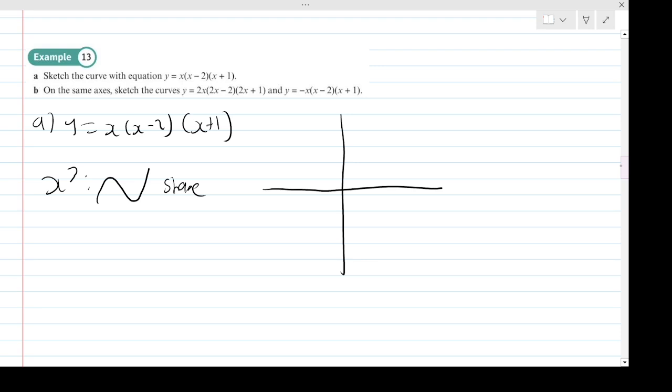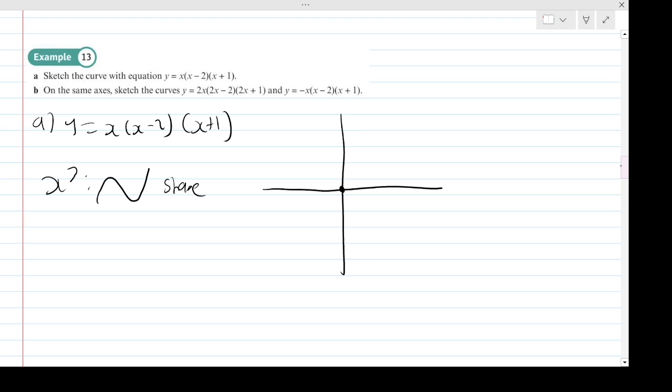Then we draw our axis over here. But then we need to find the key information, which is basically the y-intercept and the roots. Firstly, the y-intercept is when x is 0, but if x is 0 into here, I get 0 because x here will go 0, so the whole thing will become 0. So it passes through the origin there.